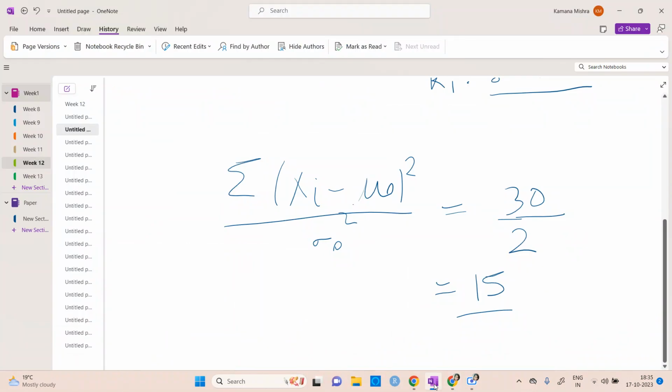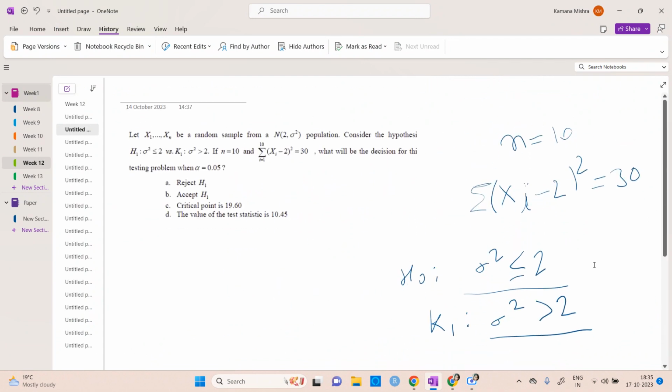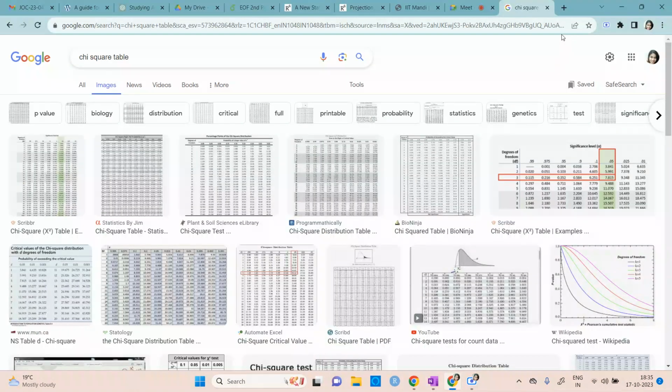Okay, so n given here is, I think, 9, right? Because this is 10, so n would be 9, and then 9 and 0.05.